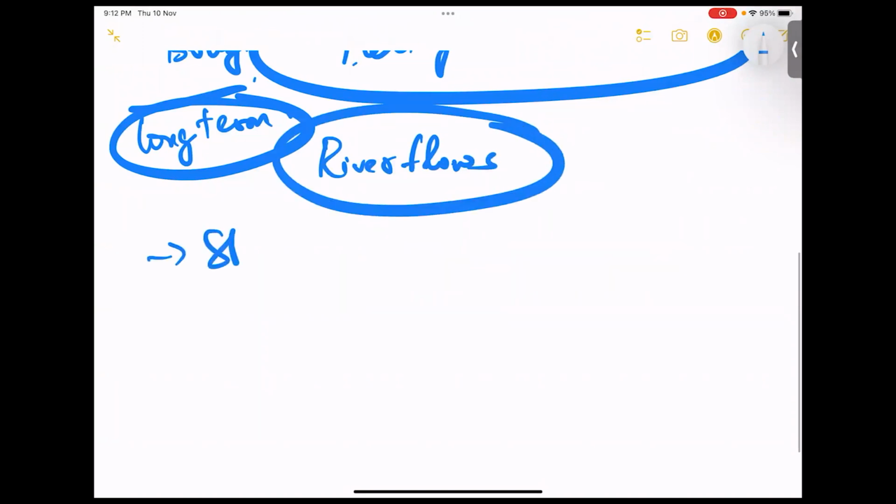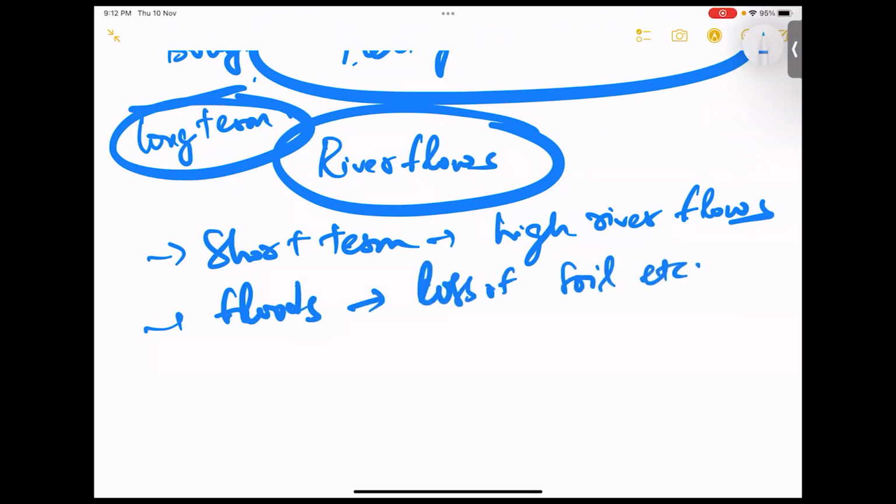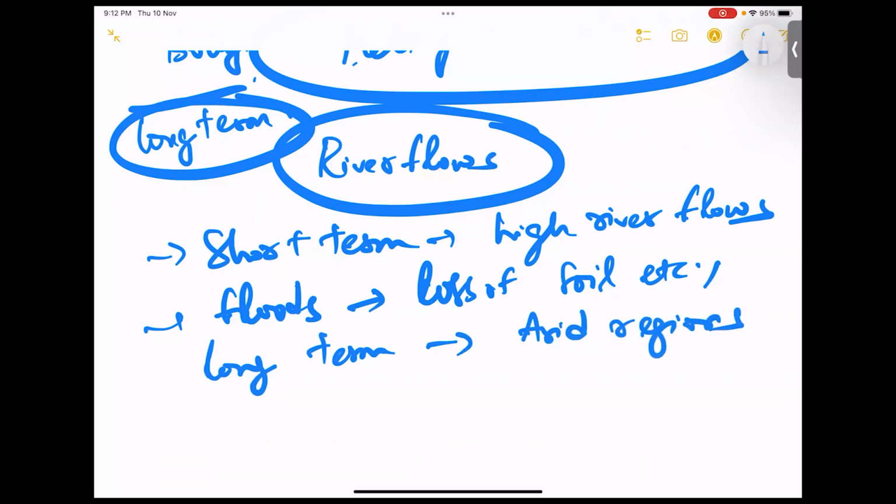In the short term, there may be very high river flows, which may lead to floods and thereby loss of soil. But in the long term, there is a danger of these areas becoming arid regions. So that is river flows.